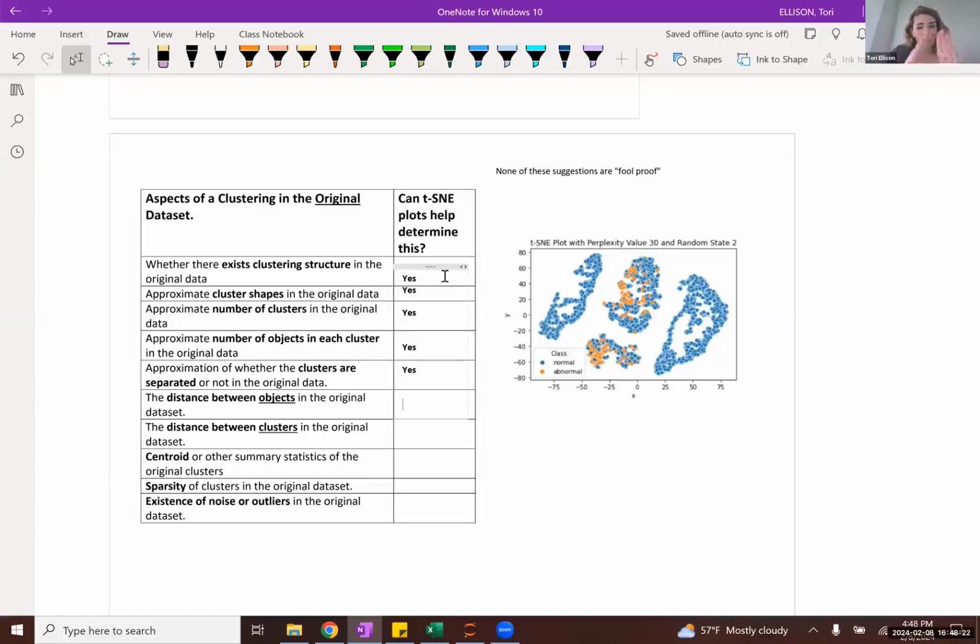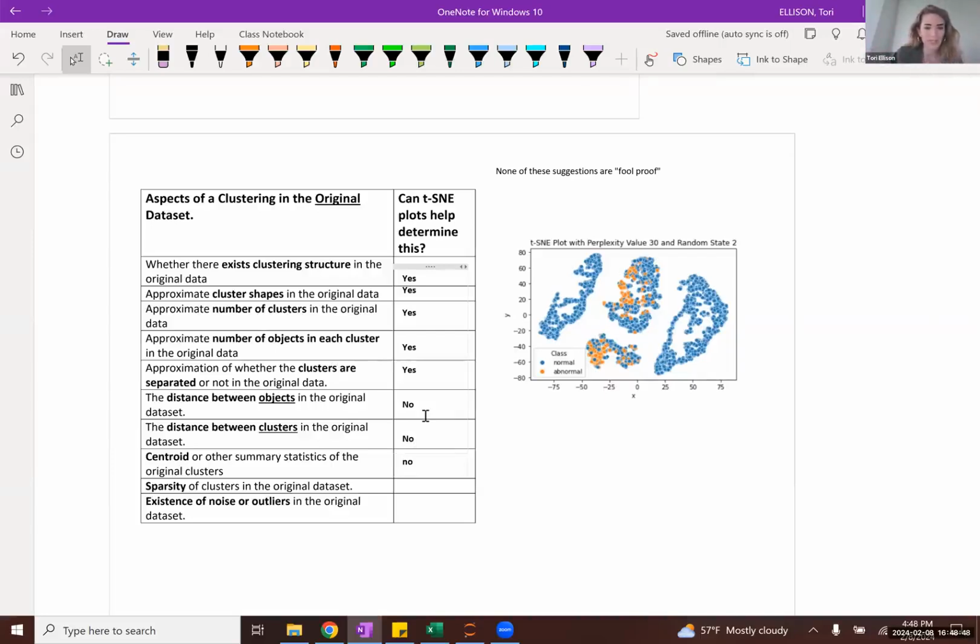Again, the key thing that you want to remember: pairwise distances between points in the data set are not preserved in TSNE plots ever. So it's kind of foolish to try to make that interpretation. You're never going to get it right, basically. So no, it doesn't suggest that. And because of that, it's not a good idea to interpret the distance that exists between clusters in the TSNE plots.